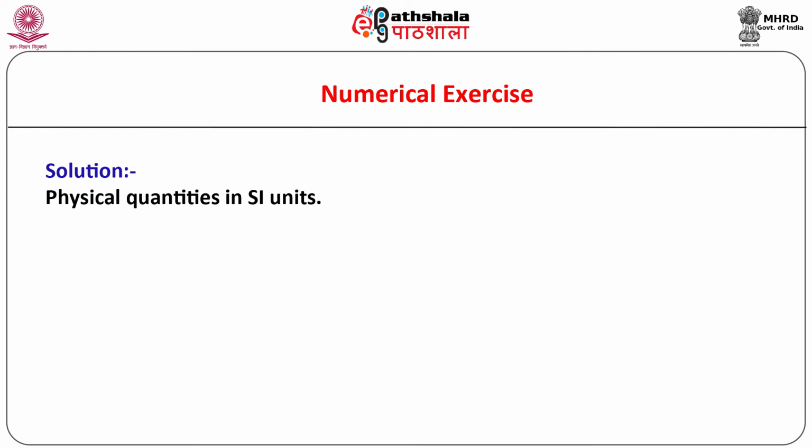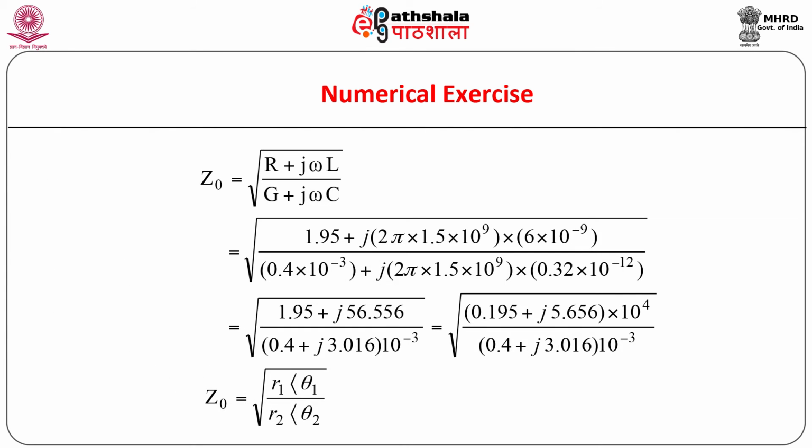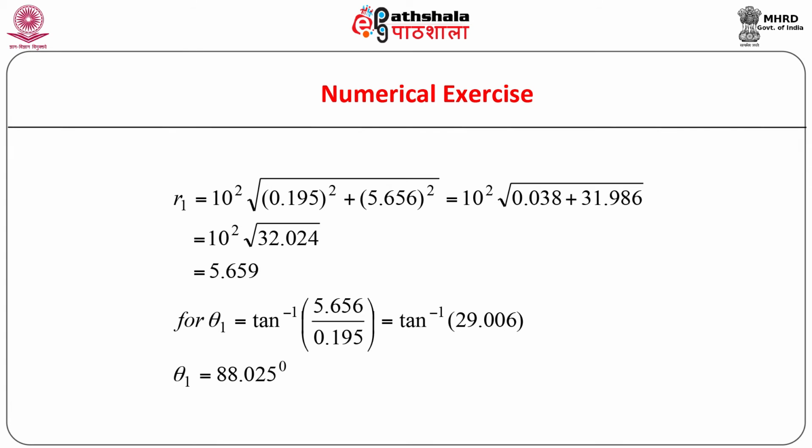Let us make conversion of the given physical quantities in SI units. The conversions are as shown. Observe the substitutions and subsequent manipulations made in finding out the characteristic impedance Z0. The values of R1 and theta 1 needed are to be computed as shown.